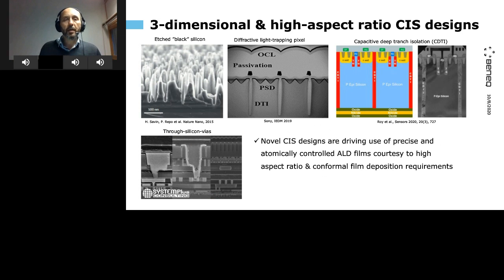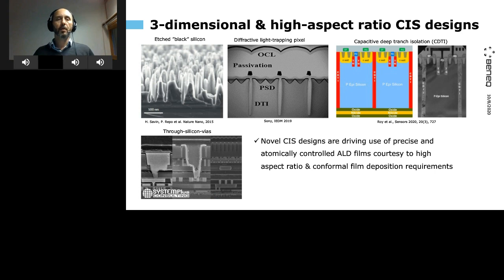Given some more time, I would like to dive in deeper here. Some quick examples are designs where you're essentially looking at a higher surface area of silicon, either by generating some kind of diffractive light trapping pixels or essentially using black silicon, more of a futuristic topic.